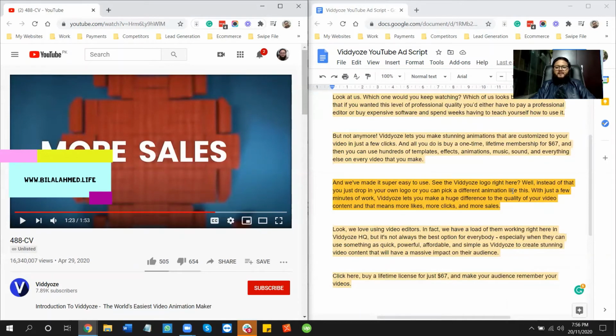These are features, technical aspects of the product. But what you can do when you use them, what you get out of that, that is the benefit. So what's the benefit? Improving the quality of the video. Okay, what do I get out of that? What's the benefit of that? More likes, more clicks, more sales, right?